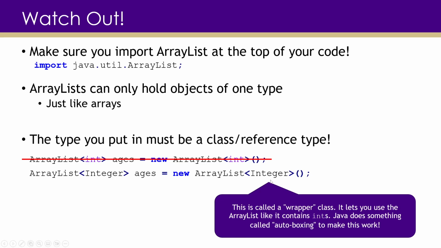You can add 5 to this array list. You can get numbers back, and they will be actual ints. Java does something called autoboxing, which makes it completely abstracted and transparent. You can pretend that these are just ints. You just have to remember to write capital I Integer when you're creating the array list.